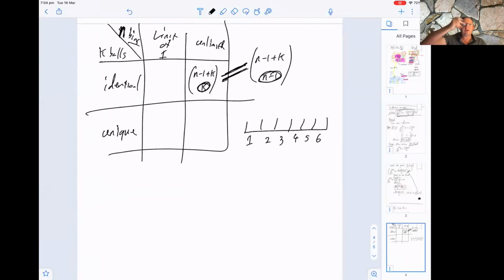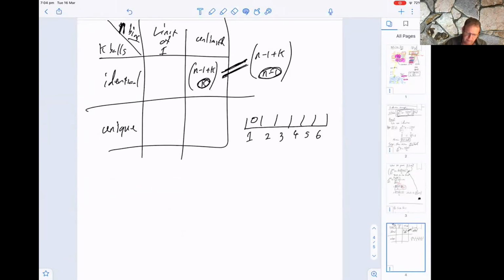And when I throw a die and I get a number 1 to 6, it's basically like taking the ball and putting it here, or here, or here, or here, or here, or here, right?